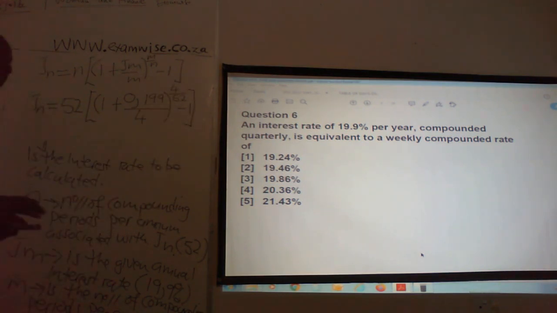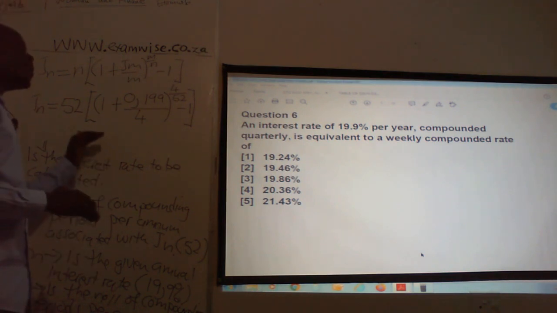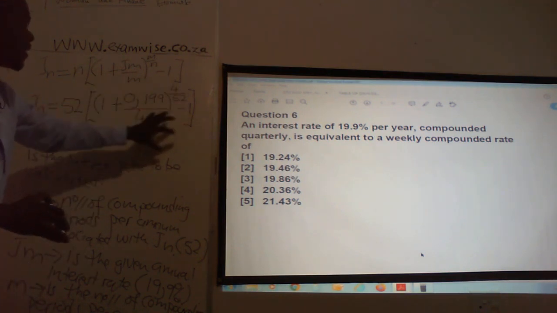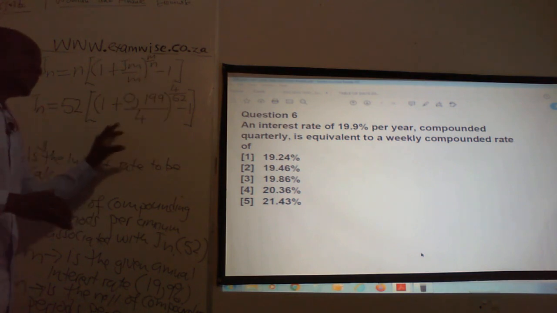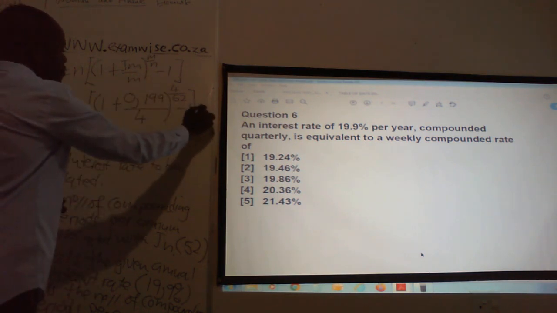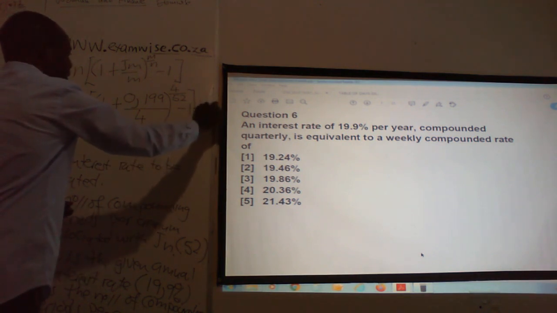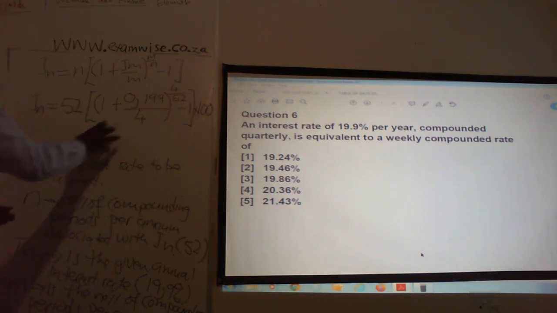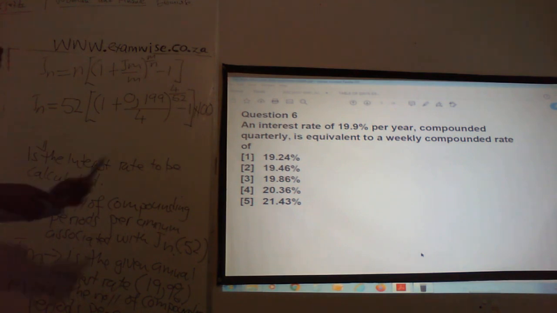Our interest rate must be expressed as a percentage, so after everything here we will have a decimal. To convert it to a percentage, we must multiply by 100. So after computing everything, we multiply by 100 to express it as a percentage.